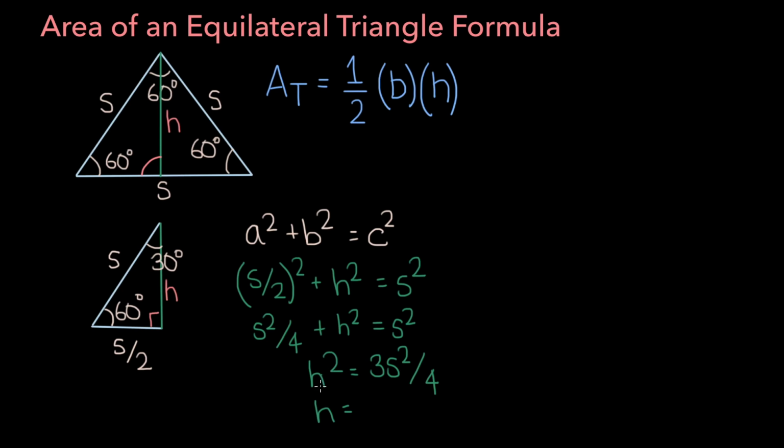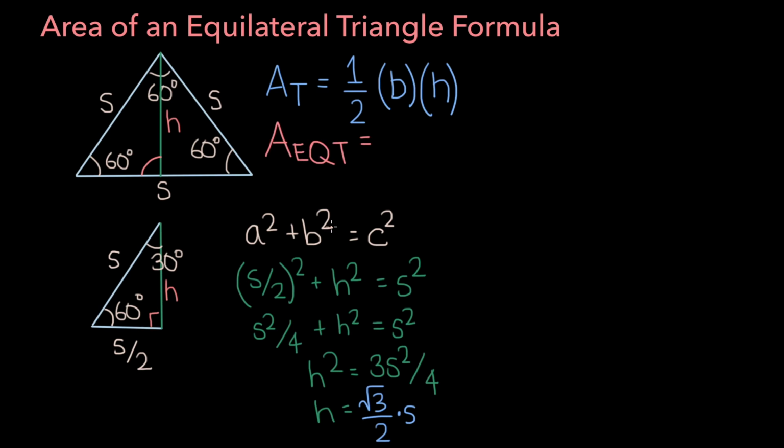The square root of h squared is just h, and the square root of our right-hand side is root 3 over 2 times s. Now that we know what the base of our equilateral triangle is, as well as the height, we can derive the formula for its area.